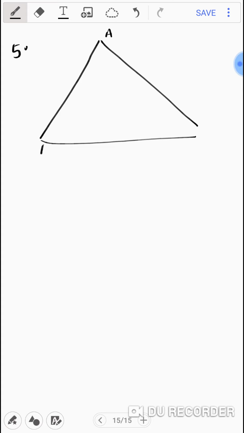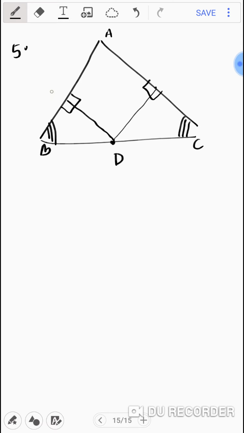It says a triangle ABC has, so I have a triangle here, ABC. It has two angles equal, that is B and C are equal. Prove that the perpendiculars drawn from the midpoint of BC. I'll draw a midpoint here and name it D. I will draw perpendiculars from D, one here and one here.